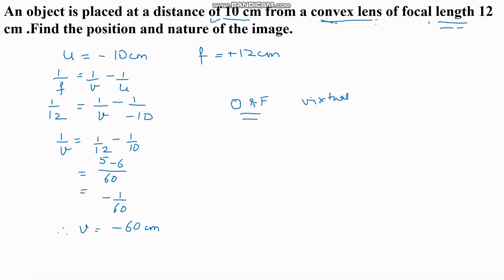And since it is virtual, your image distance will be negative, and your answer is coming out to be negative. Clear? So from here you very easily know this. And since v is negative, the image formed will also be virtual.